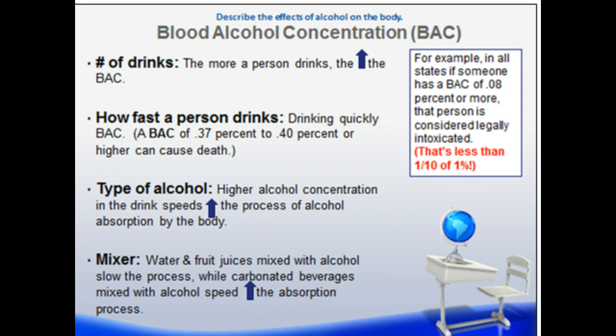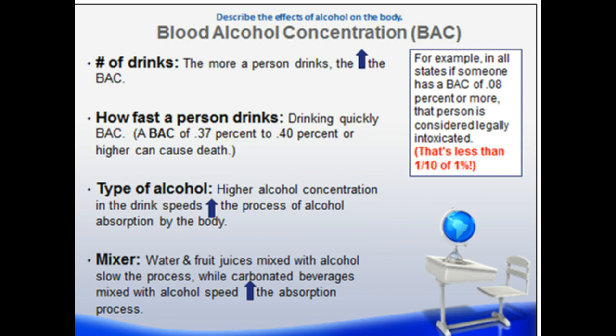Regarding BAC, the number of drinks has to do with your BAC. The more a person drinks, the higher the BAC. How fast a person drinks has to do with BAC. Drinking very quickly can lead to a higher BAC quicker. A BAC of 0.37% to 0.40% or higher can cause death.